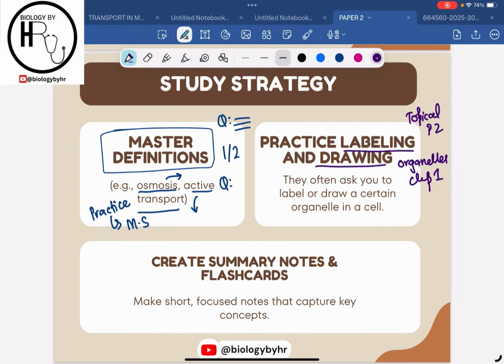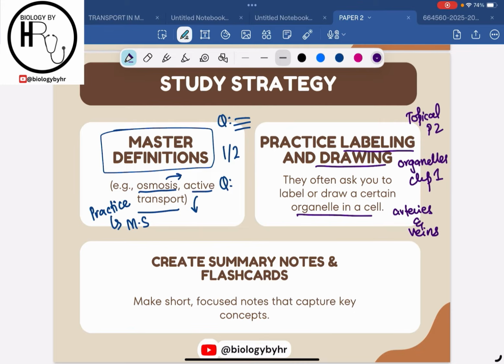For example, they ask us to label the mitochondria, to locate the mitochondria in the cell and to label it, and then chloroplast, root hair cells, blood vessels, right? We are expected to draw certain blood vessels, for example the cross section of the arteries and veins. So they often ask us to label and draw certain organelles in a cell, or the cross section of the arteries and veins.